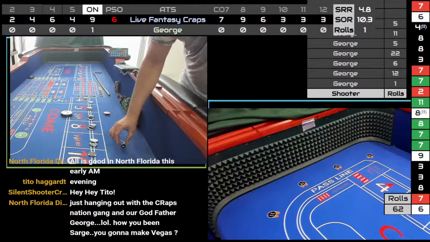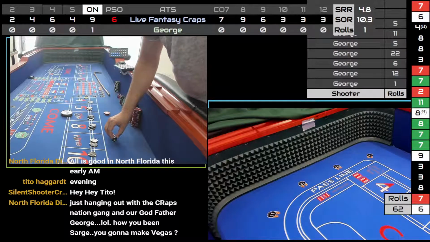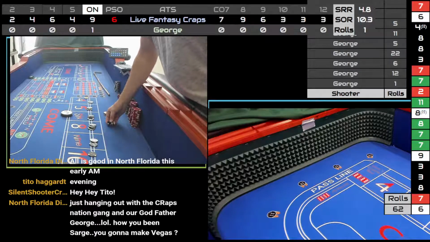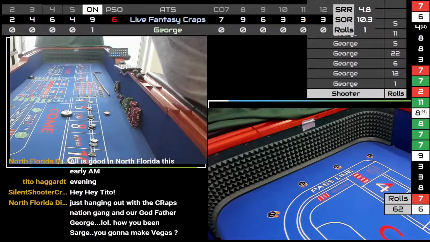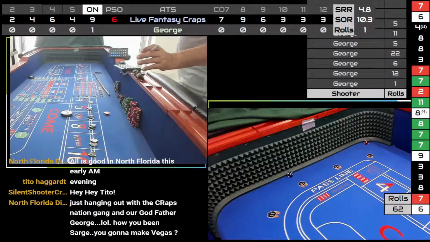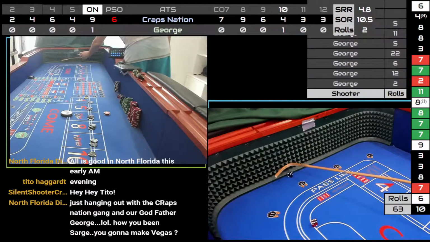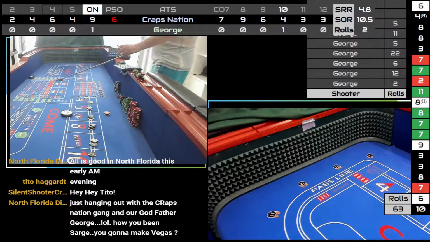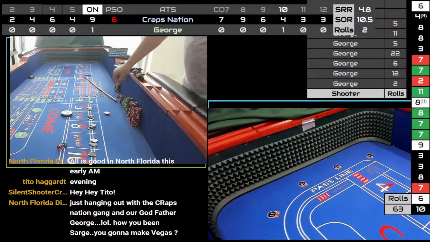Stay on the set. 3, 2, 3, 6. Dice out. Four, 6, 10 axes. 5 gets us 200.